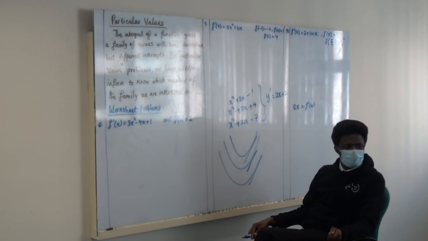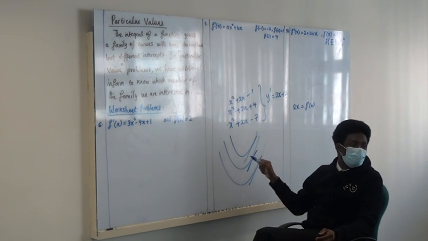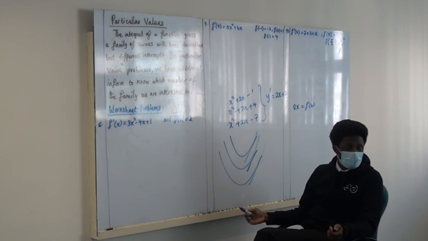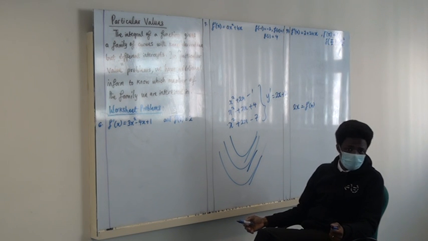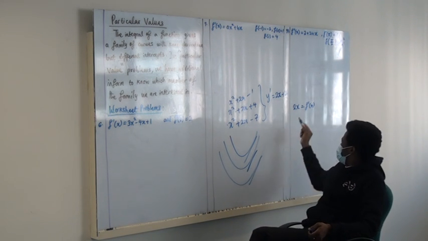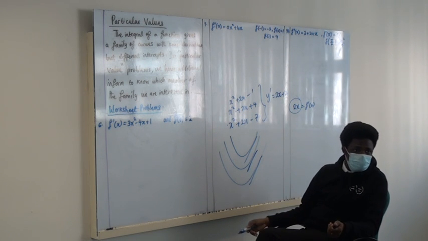So that is why the particular value problem can help you to pinpoint which one specifically you are dealing with. Because without the additional conditions that the particular value problem will bring in, you are actually referring to the entire family that gives you the derivative 2x at any point x.